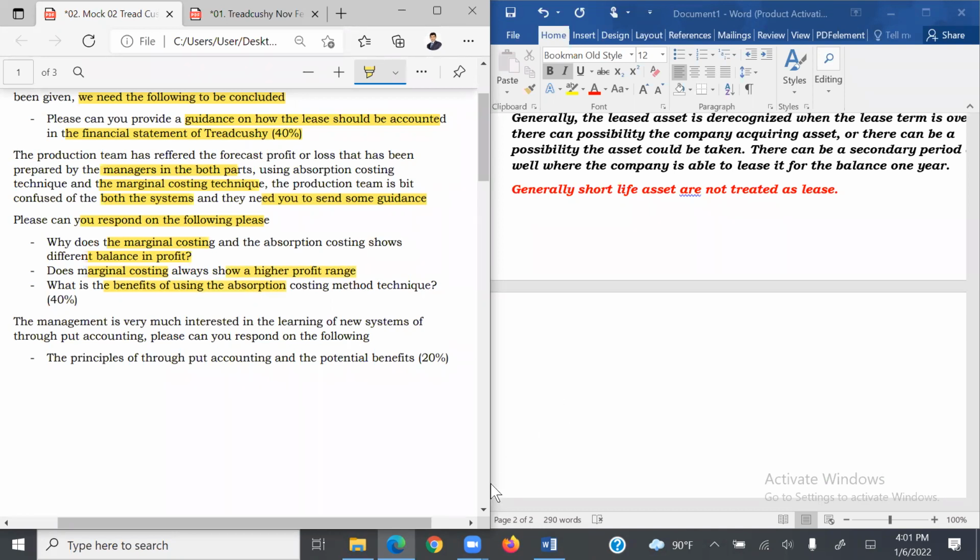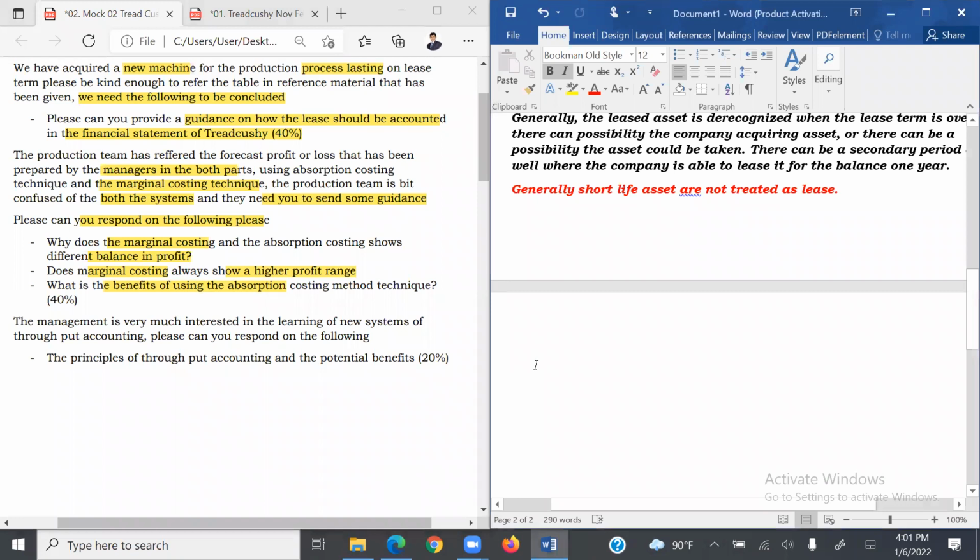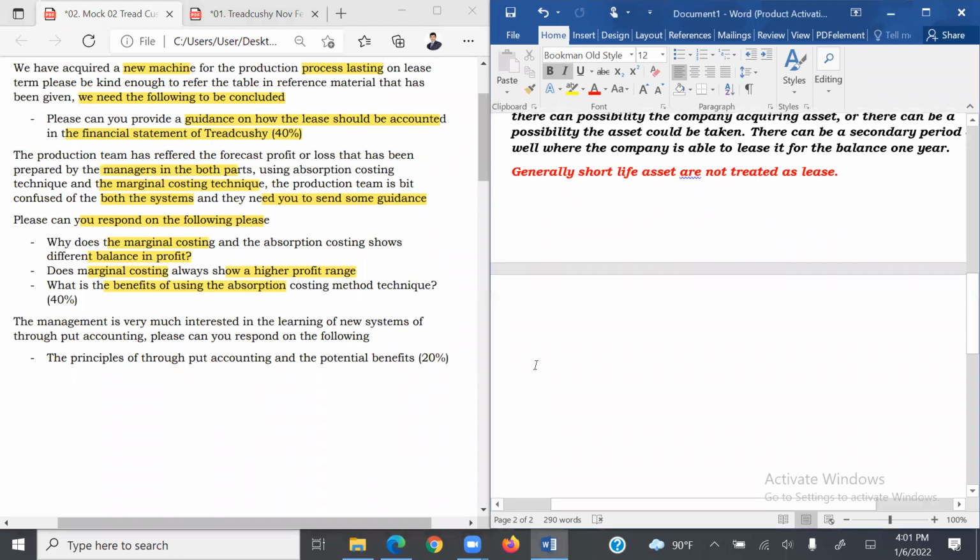So students, for the time you have, you need to start using the notes. And whatever doubts arise, please use the WhatsApp group or message me directly. I will definitely respond to that. So my first question is on marginal costing. Shall we write down here, students?